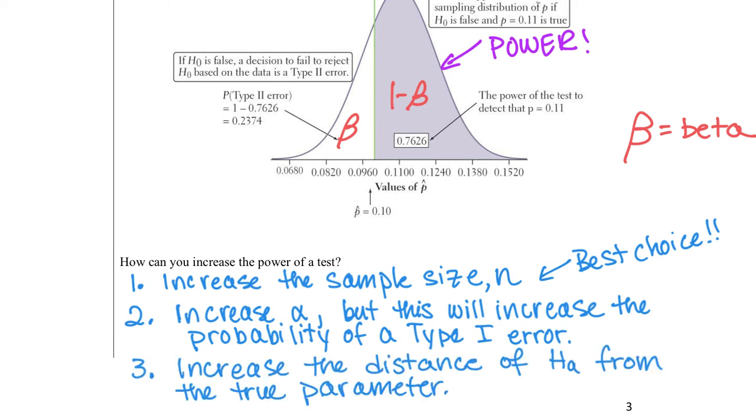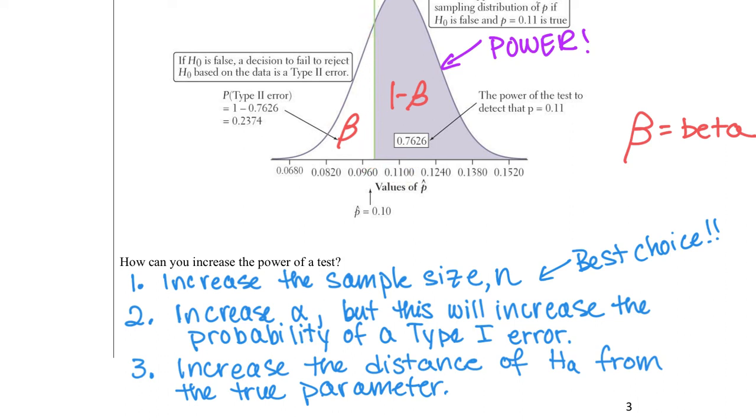The third one is the most difficult to pull off because we don't actually know what the true parameter is if it's different than our null hypothesis. And it's very rare that we would know this. So what we're saying is that this green line, this is our p hat.